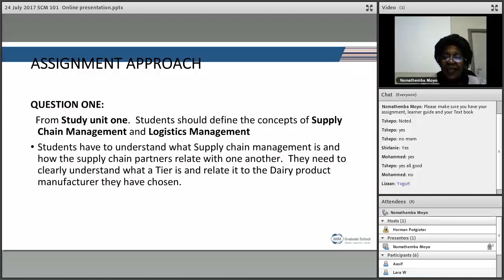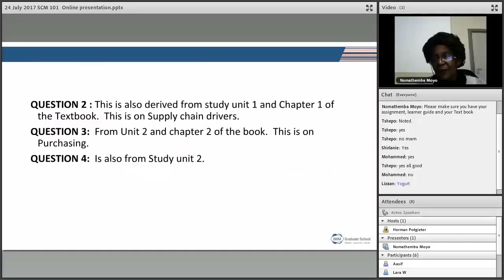They need to clearly understand what a tier is. I've explained what a tier is. And relate it to the dairy product manufacturer they have chosen. That is your assignment approach, question 1.